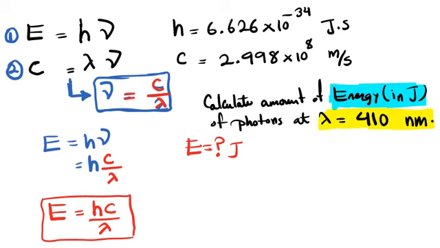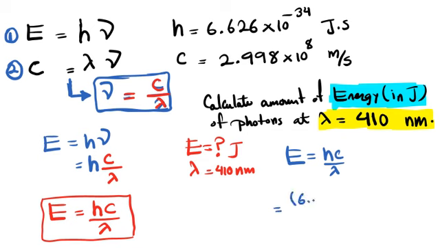Lambda is 410 nanometer. You may do it in two steps: use the first equation, convert the lambda to the frequency, then plug the frequency in and solve for E. Or you can easily plug into this equation: E is hc over lambda. I'm going to write that one here.